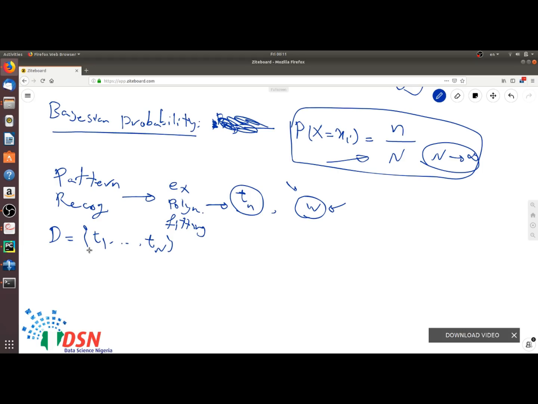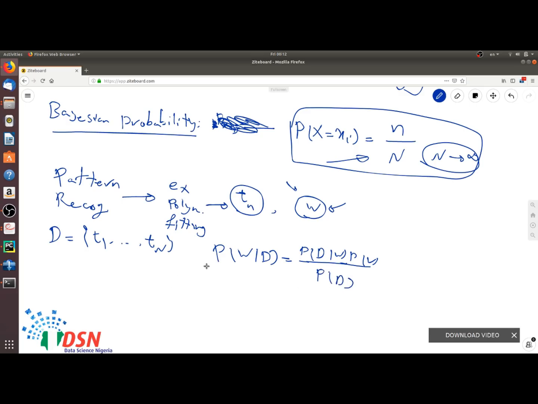We have n data points. The probability of the weights or model parameters given data, with Bayes theorem, is P of data given W times P of W divided by P of D.